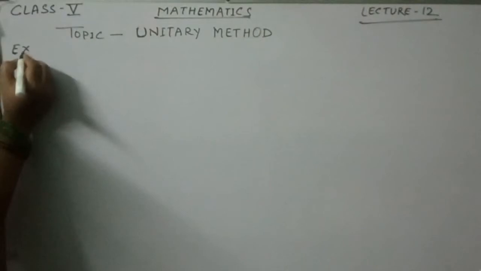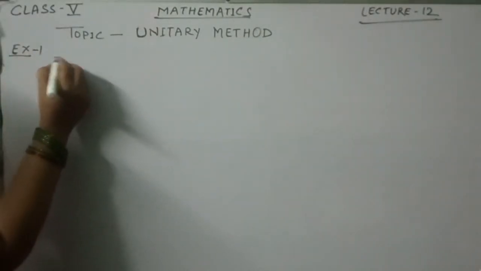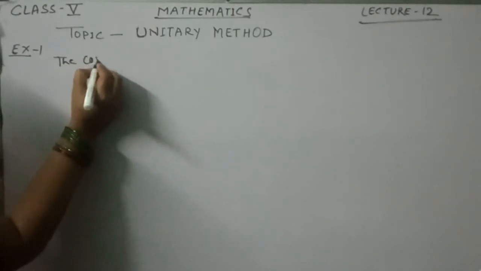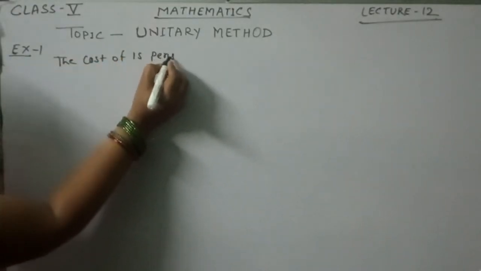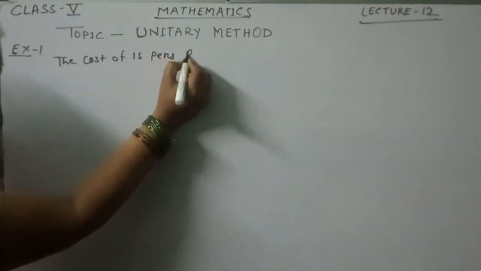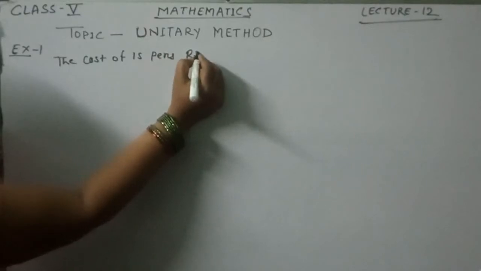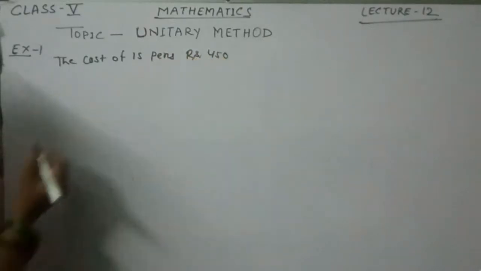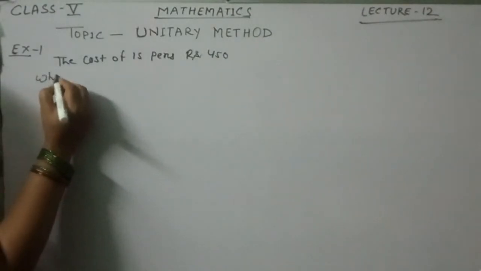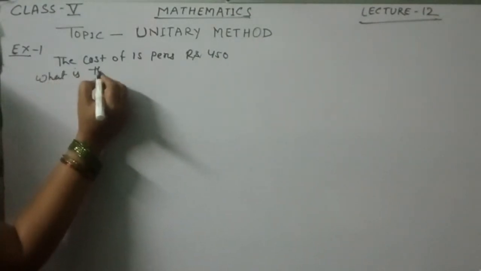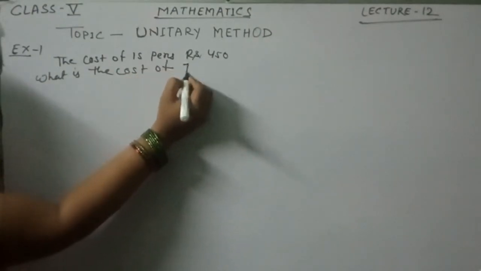Example: the cost of 15 pens is rupees 450, and the question is, what is the cost of 7 pens?